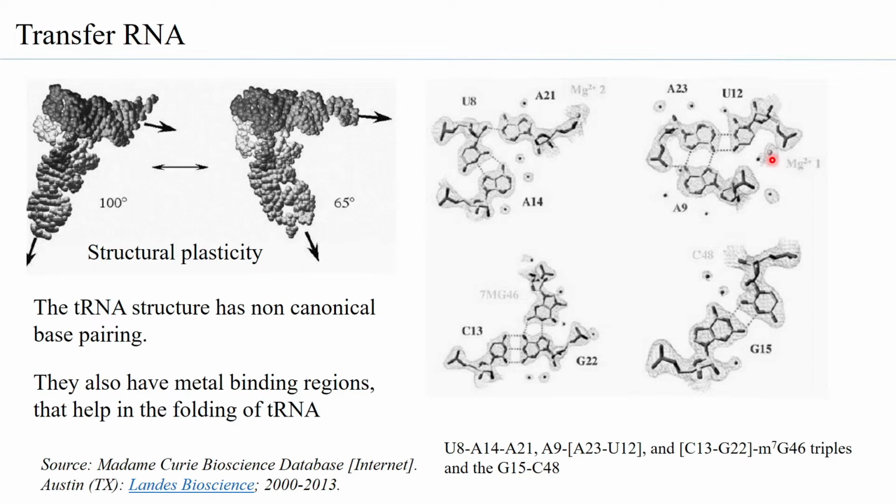So it is interesting to note at this point how metal ions play an important role in the folding of RNA. And with respect to tRNA, because it goes from secondary structure to tertiary structure, you will have more of the sugar phosphate backbone coming close to each other, and that interaction is being stabilized by the metal ions.